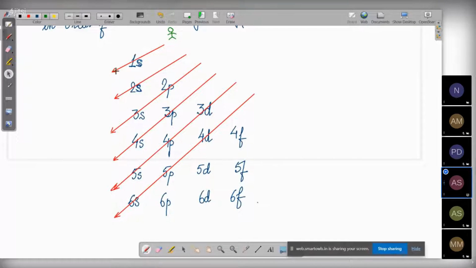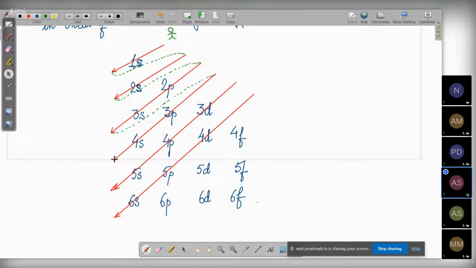Then once he reaches the end, again he goes to the beginning of the line and starts walking. So first you are getting 1s, then again you are going back. You will encounter 2s. Then again you go back. Now you will get 2p followed by 3s. Then you get 3p.